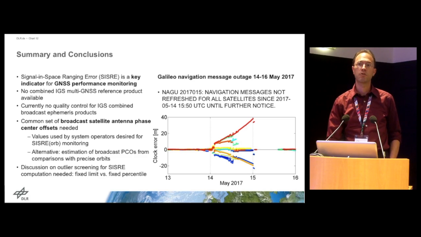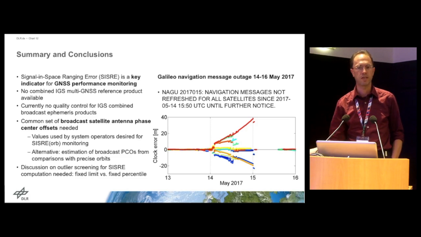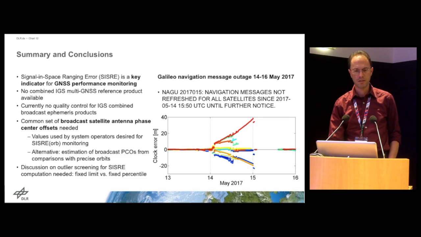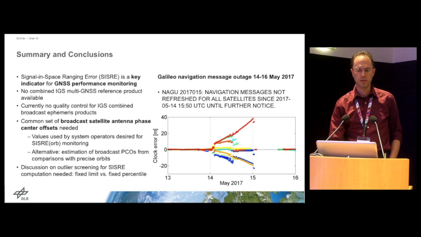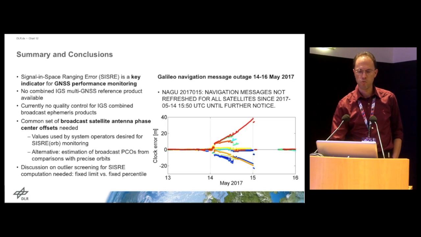The best way, of course, would be if these values are provided by the system operators, because they know the values that they use. Alternatively, one can estimate them from the radial differences. And we need some discussion on the outlier screening, if we use some fixed values or some fixed percentile.